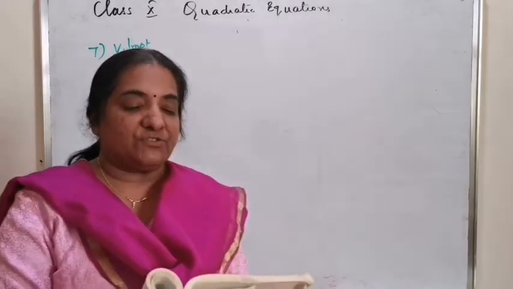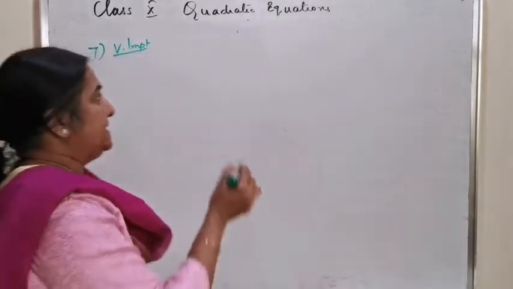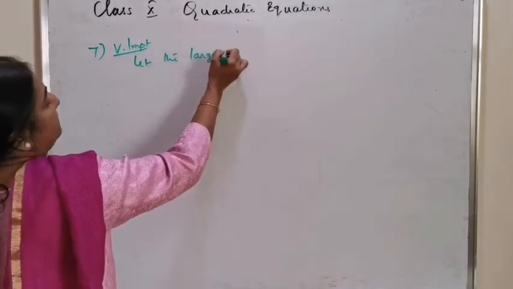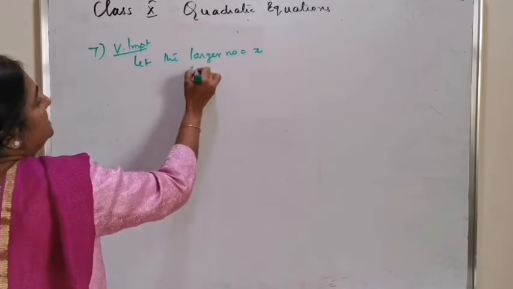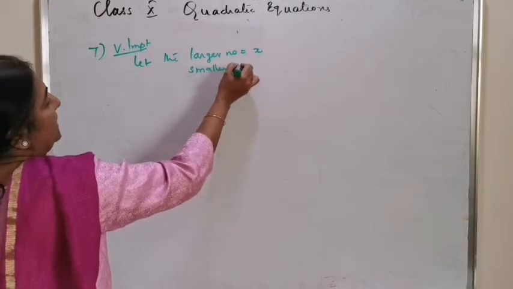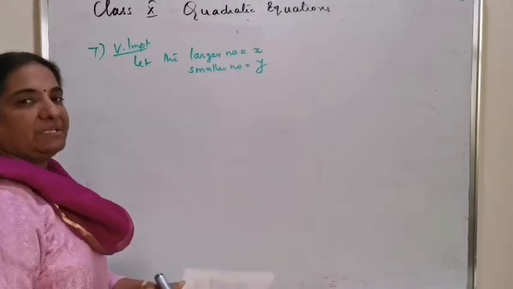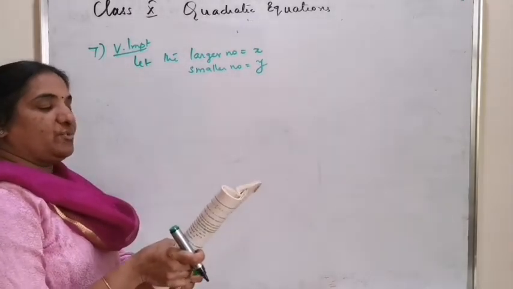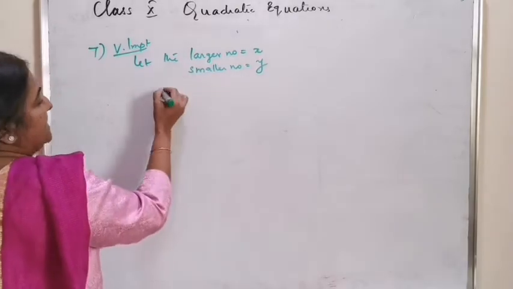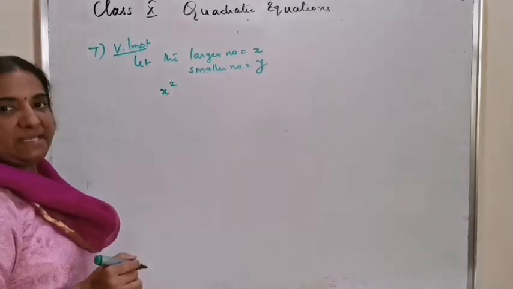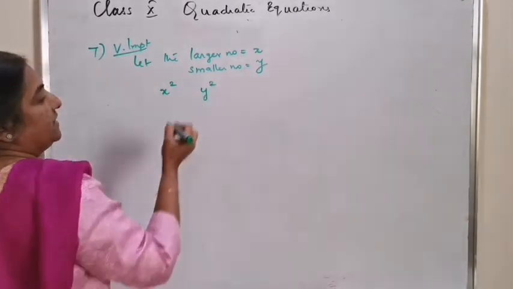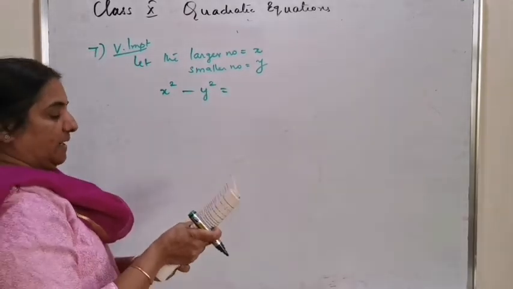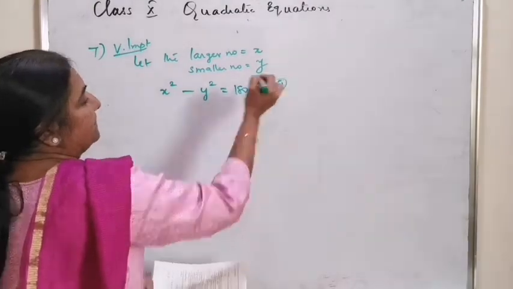So, let the larger number be x and the smaller number be y. That means the difference of squares of two numbers, that means square of larger number is x square, square of smaller number is y square, difference means subtraction, is equal to 180. That is the first equation.